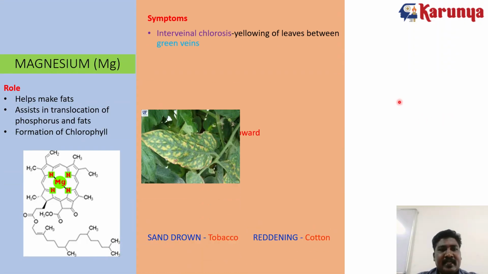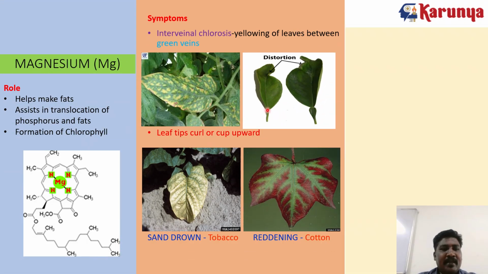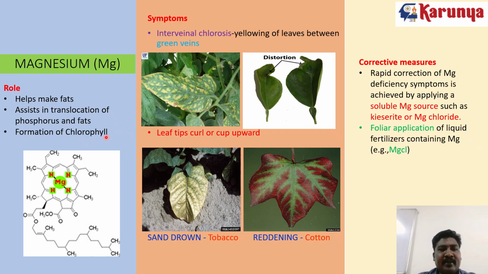The next element is magnesium. Magnesium helps make fats, and being a central atom of the chlorophyll molecule, it is involved in the formation of chlorophyll. The deficiency symptom is interveinal chlorosis and distortion of leaf, and the deficiency symptoms particularly appear in tobacco like sandrone, and cotton.